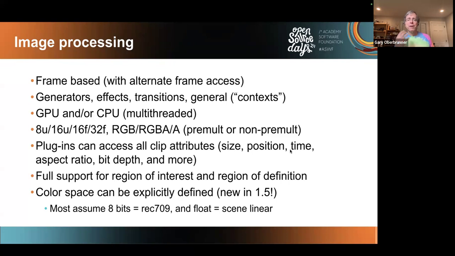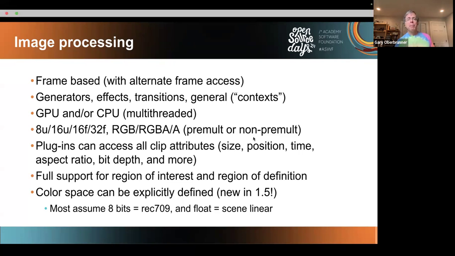There's full support for region of interest, region of definition, and now, as of 1.5, there's full support for color space. So a plugin can ask for and understand the color space of the images it's being given, and can define the color space of the outputs that it's generating. But that said, most plugins today assume that if they're getting an 8-bit source, it's Rec 709 or something like it.